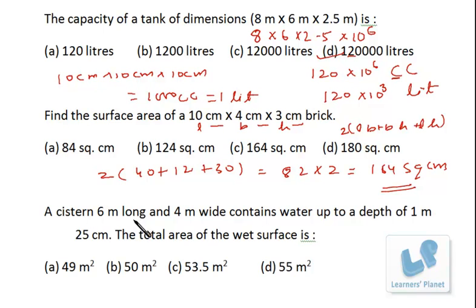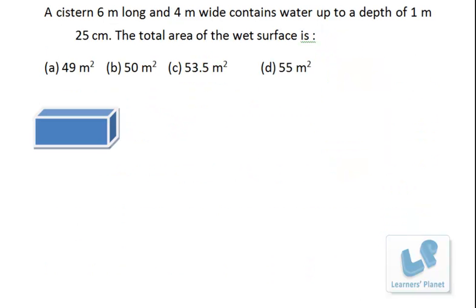Now a cistern 6 meter long and 4 meter wide contains water up to depth of 1 meter 25 centimeter. The total area of the wet surface is. Now friends, how to approach this question? See, there are 6 surfaces in a cuboid, right? 1, opposite side of it 2, then 3, then 4, then this is 5, and 6 is on the opposite side.